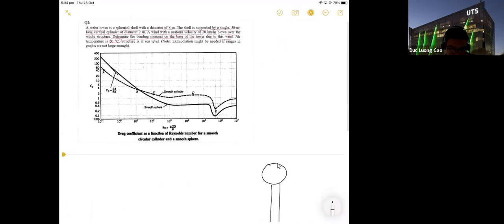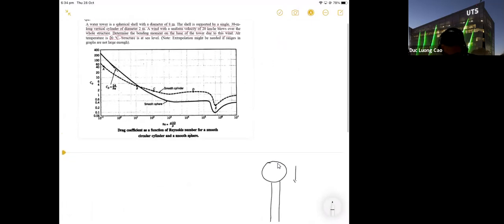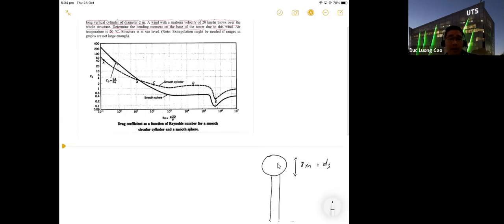The diameter of the sail is 8 meters, this one is DS, the diameter of the sail. The cylinder diameter DC is 2 meters, and it is 30 meters long.